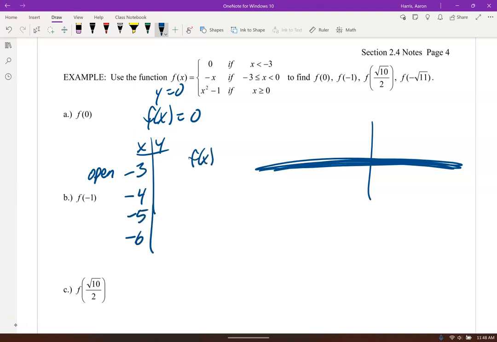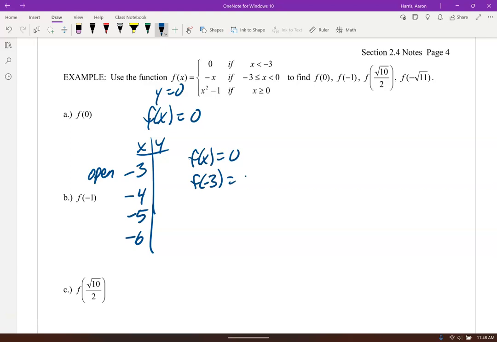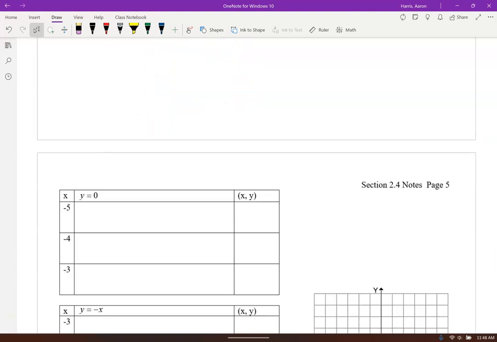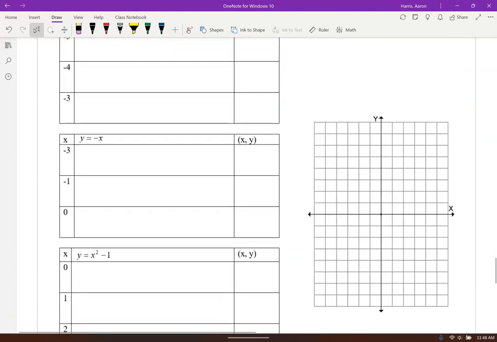So f of x equals 0. Plug in negative 3, and I get 0. There's nothing to plug into. Plug in negative 4, I still get 0. Make sure the negative 3, 0 is open on this when you graph it. Negative 4, 0.